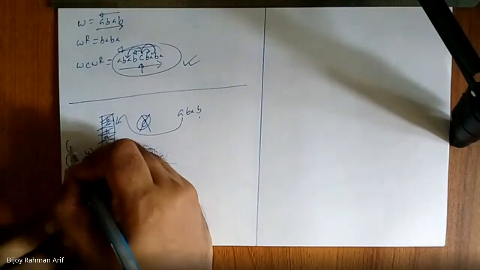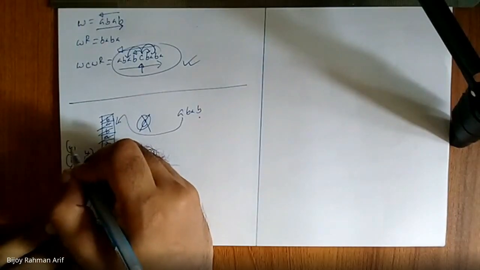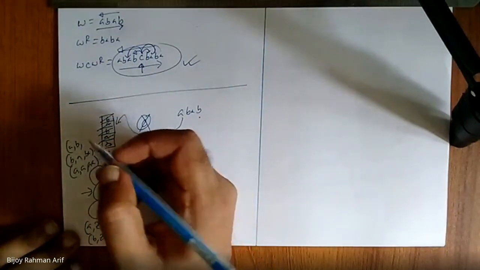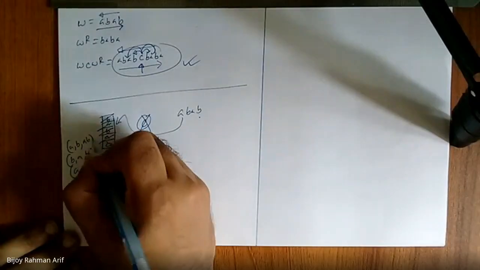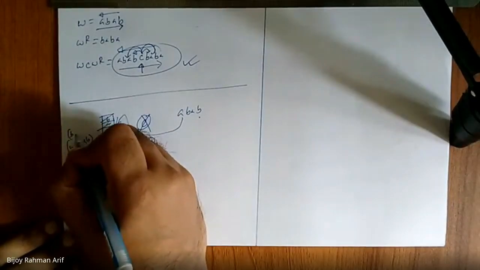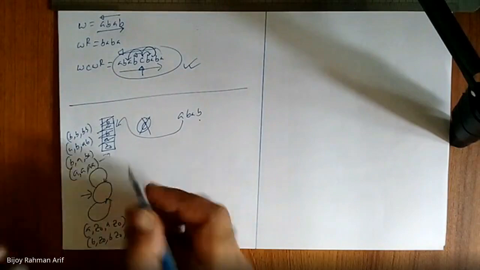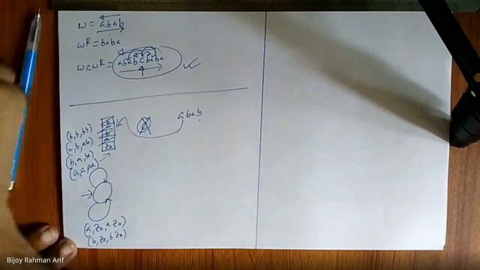Again push. If in the buffer I get A and the top of the stack is B, then push. If I get B and the top of the stack is B, again I'm going to push. Good, so that is done up to this part.